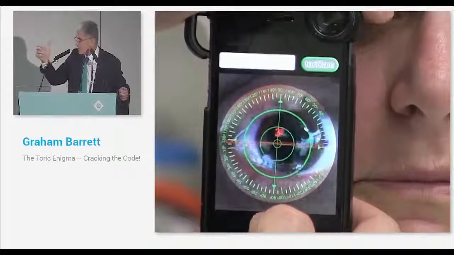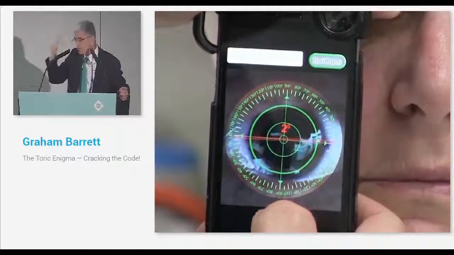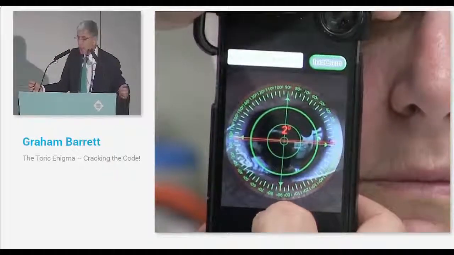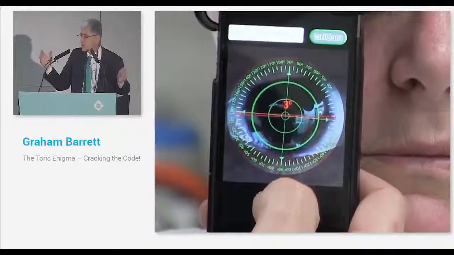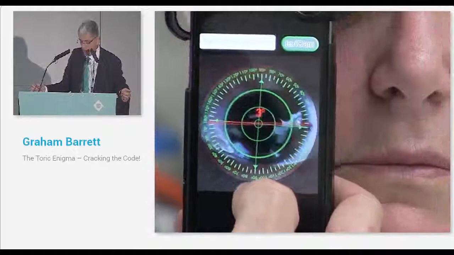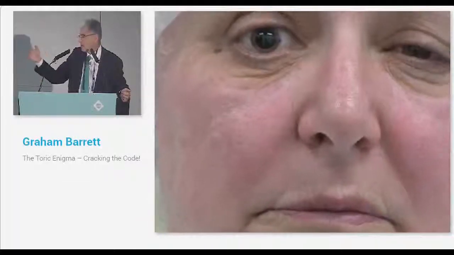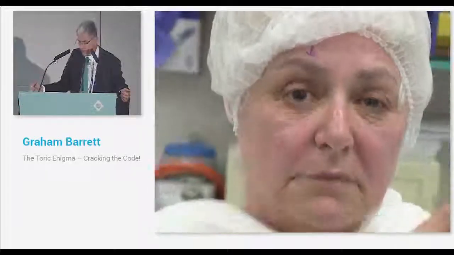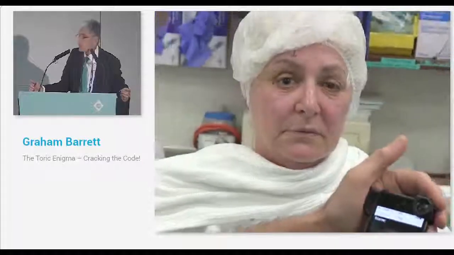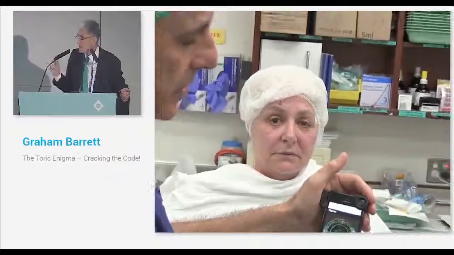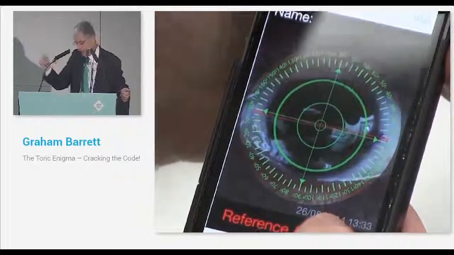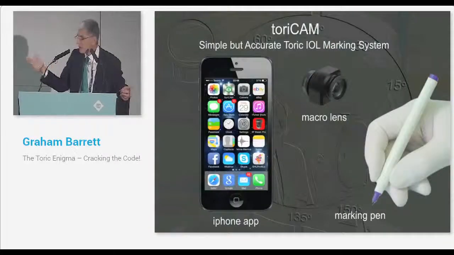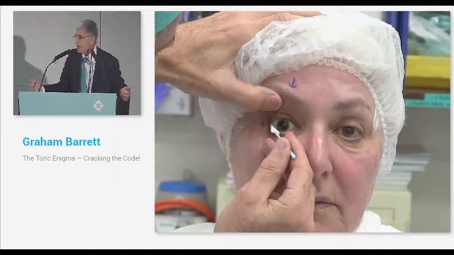There's a little button there which I'm pressing, and it's capturing that image, so I don't have to remember that number. And then I can go to my photo album, camera roll, and select. I may have taken 2 or 3 images, select the one which I think is best, and that gives me my reference axis in degrees. So patient name, when the photo was taken, what time, and the reference axis.